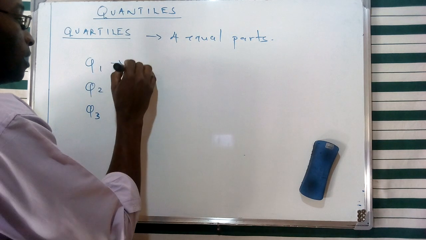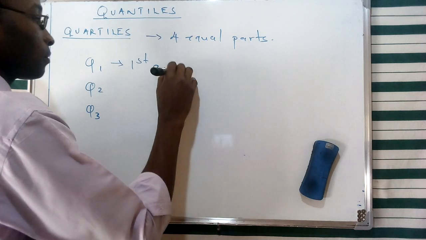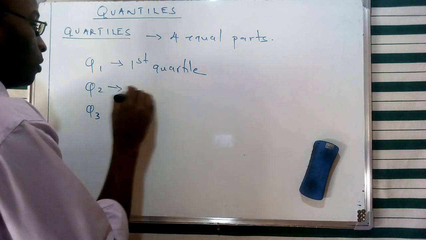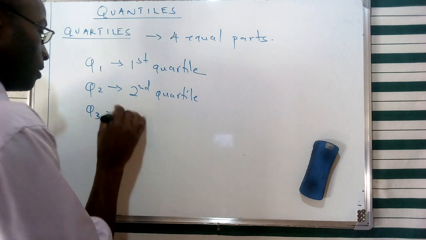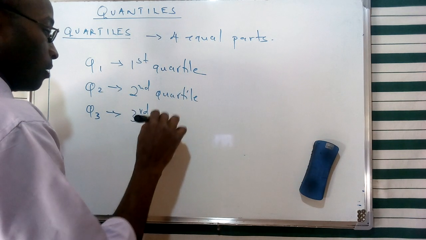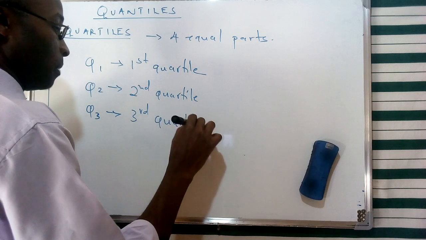So Q1 represents the first quartile, Q2 represents the second quartile, and the last one, Q3, represents the third quartile.